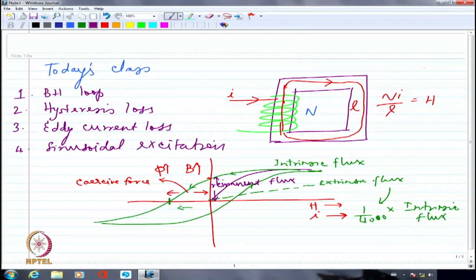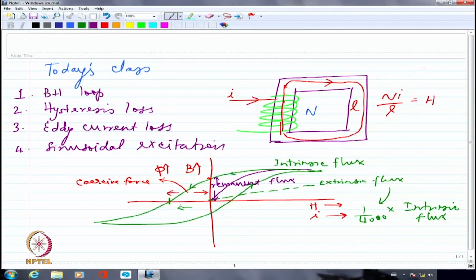Every time I align and realign these domains, the current and voltage are doing some work physically on these domains, which is manifested in the form of some amount of energy that is lost, because this energy is useless. It is just aligning and realigning these magnetic domains.